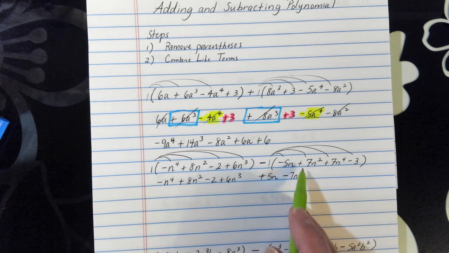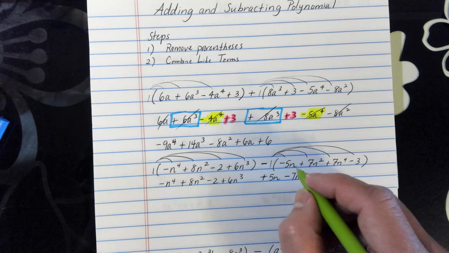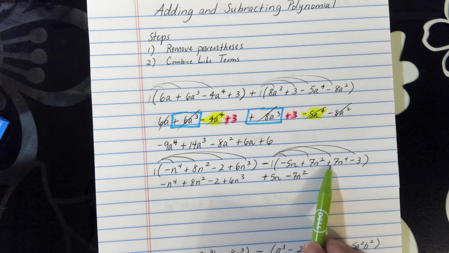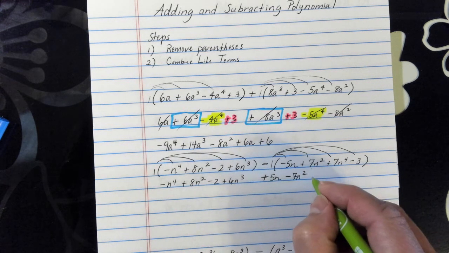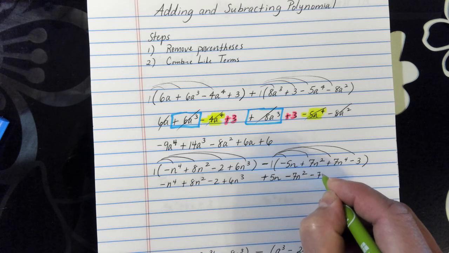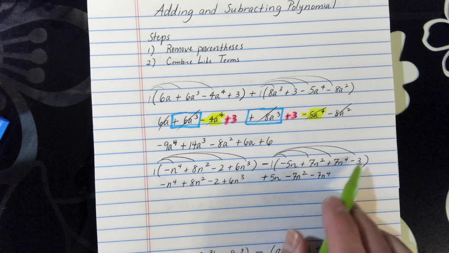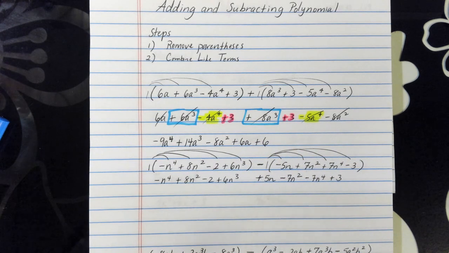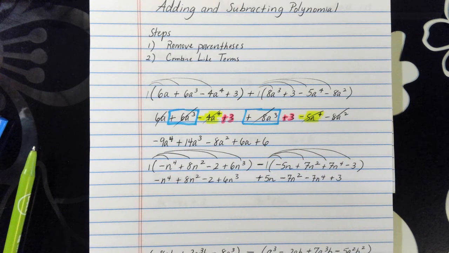Distributing a negative all it really does is change the signs of each of the terms. Negative 1 times positive 7n to the fourth is negative 7n to the fourth, and then negative 1 times negative 3 is positive 3. Now that the parentheses have been removed, you can combine like terms.